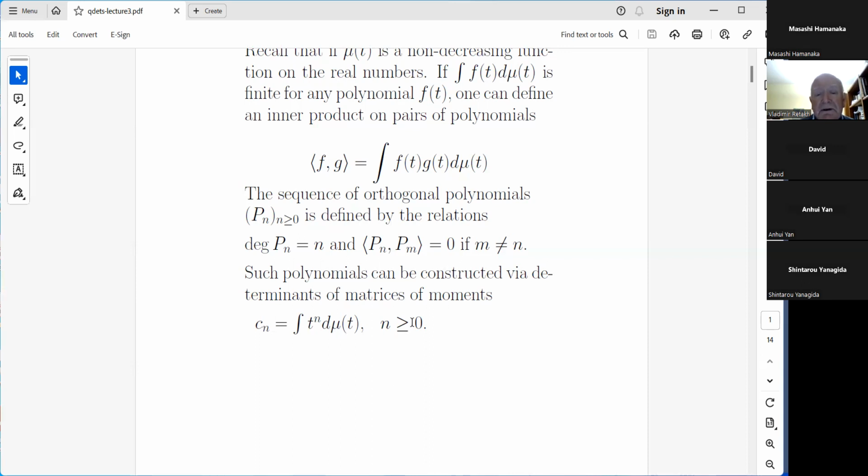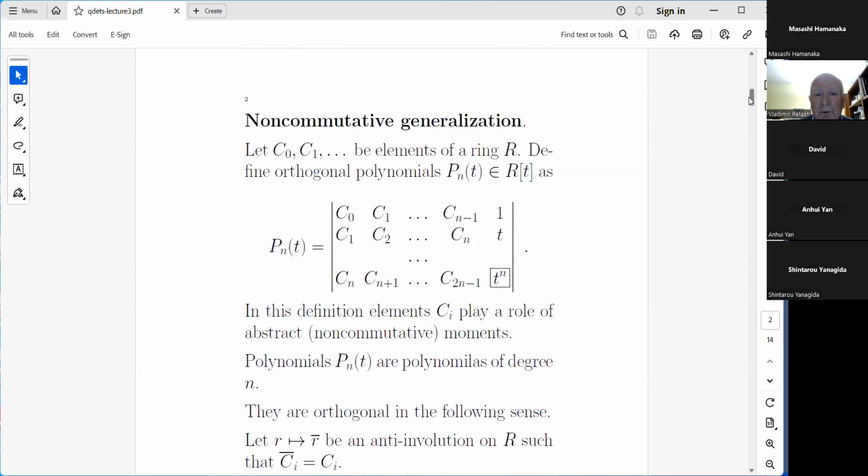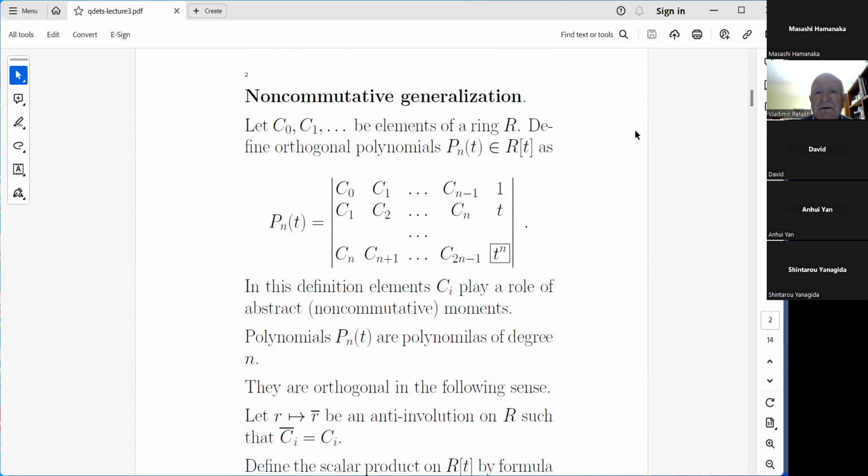Then you consider a Hankel matrix defined by these moments, and there is a way to define the orthogonal polynomials. Now I will do this in the non-commutative generalization.